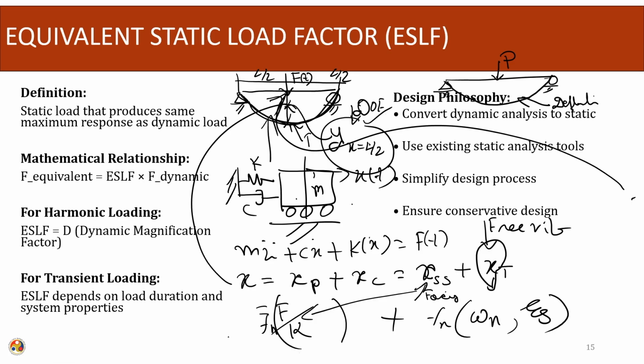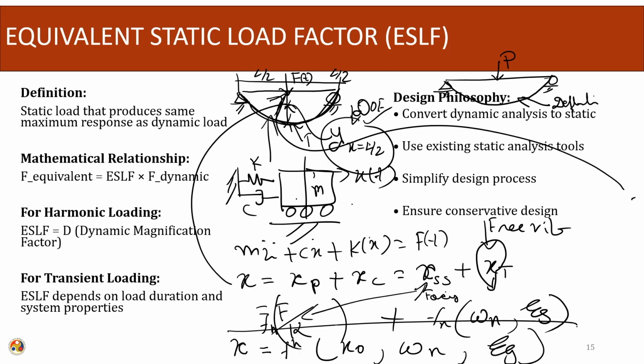From there we calculated x and denoted it as a function of x static, omega of the system and the damping ratio. So, this much was the single degree of freedom approximation method, where we calculated the total system response.